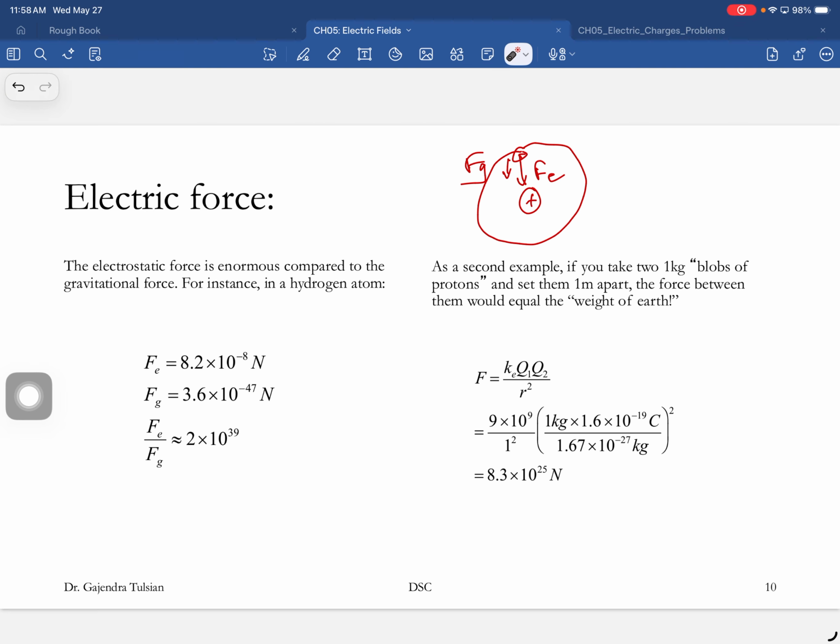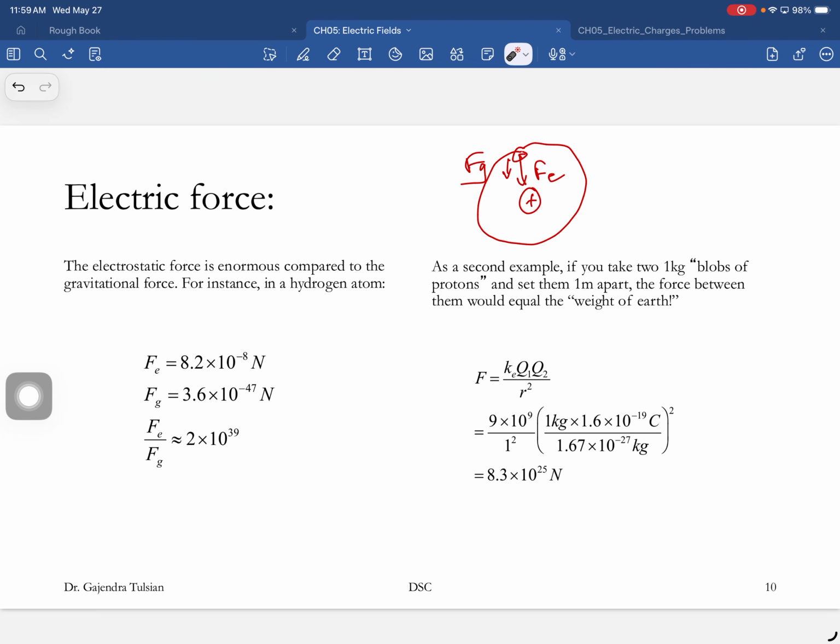You couldn't do that, but let's say you strip this guy of all its electrons. They would both be positive charges, and you keep them 1 meter apart. The repulsive force between them would be as great as the weight of the Earth.